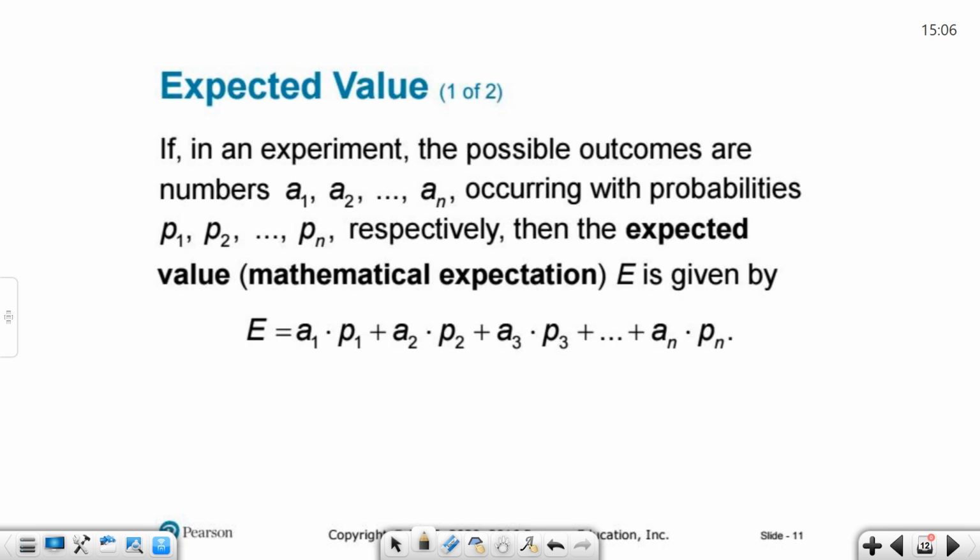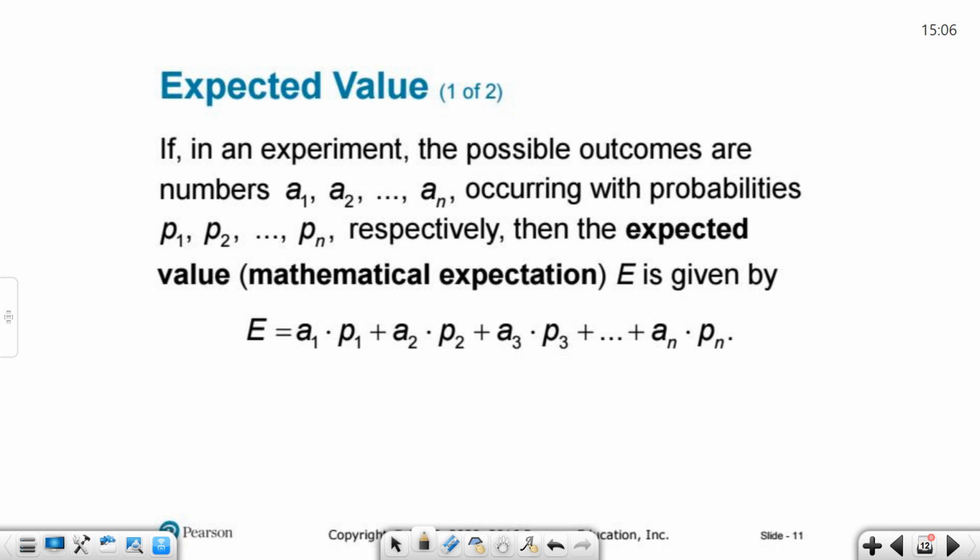Okay, the last part of this section, it's a really quick section, so we ended on a quick note, is expected value. In expected value, you're trying to decide basically, is this game worth it? It might be a game like a cakewalk, or a raffle, or tossing a coin, that type of thing.